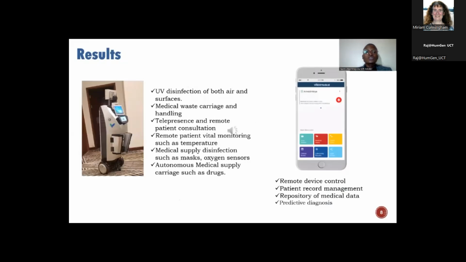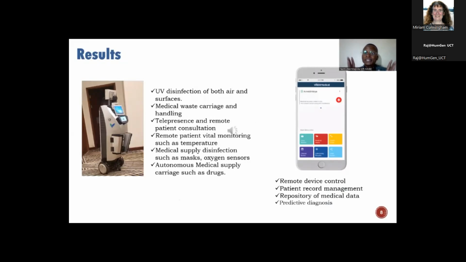The results, ladies and gentlemen: here I can introduce to you the Vitex-Medical Assistant tool. This has been made here in Africa, particularly in Uganda. It has UV disinfection with UVC that is safe to work in congested rooms. It has medical waste carriage of up to 40 kilograms. It has telepresence and remote patient consultation. It has remote patient vital monitoring.